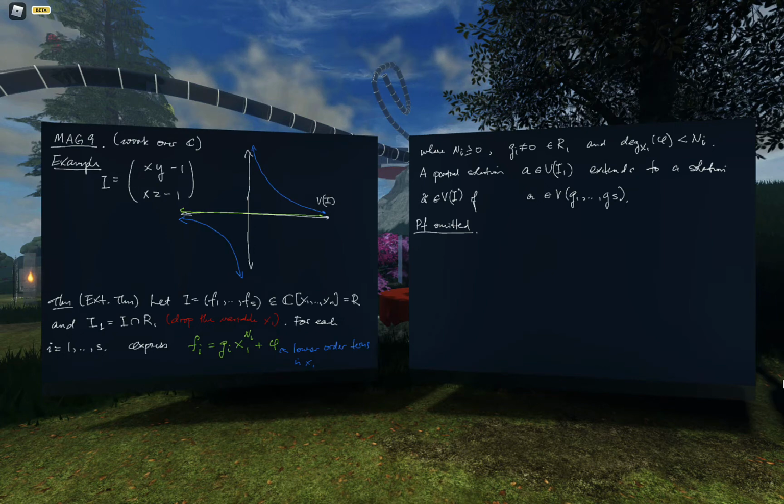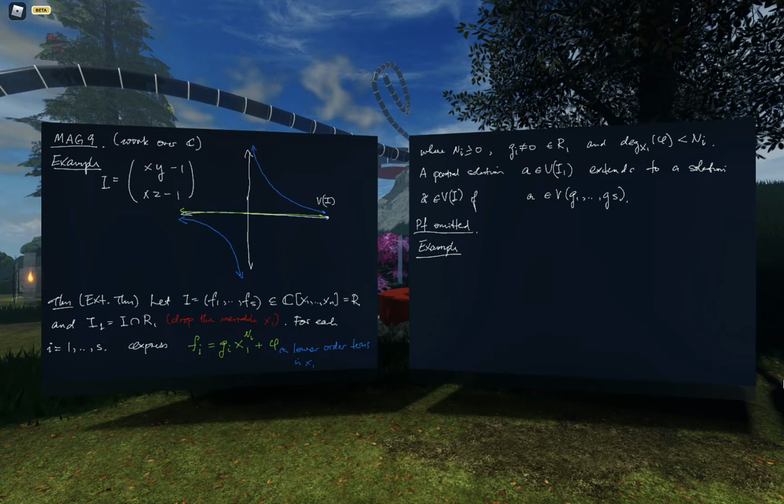Okay, any other questions? What's the statement when the x1 degree of phi is 0? For each fi, express that.